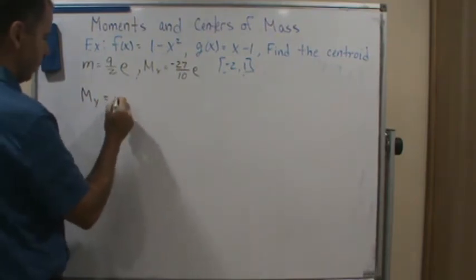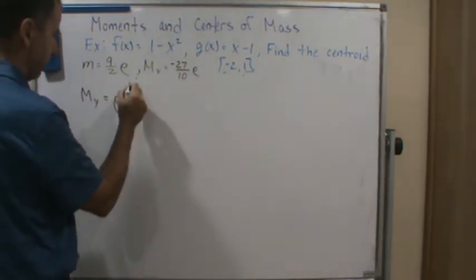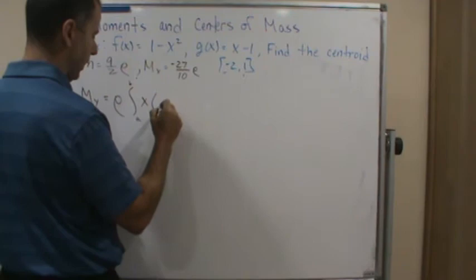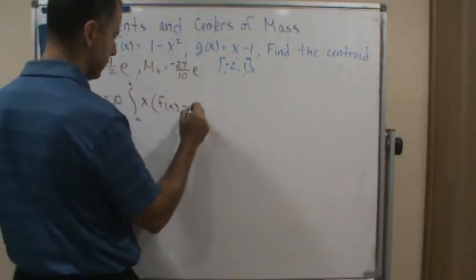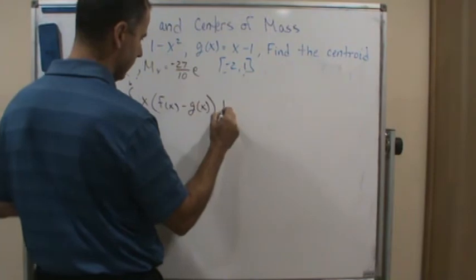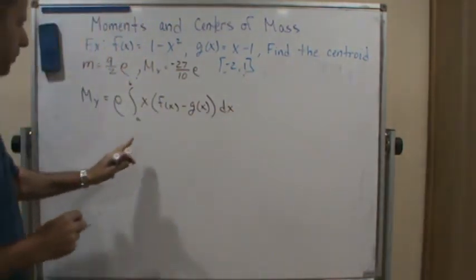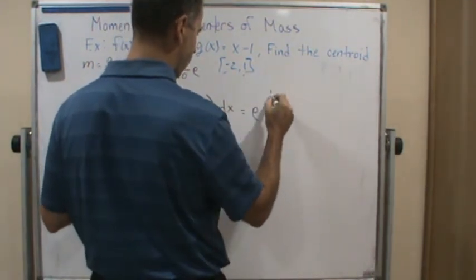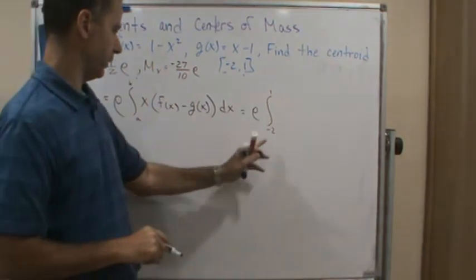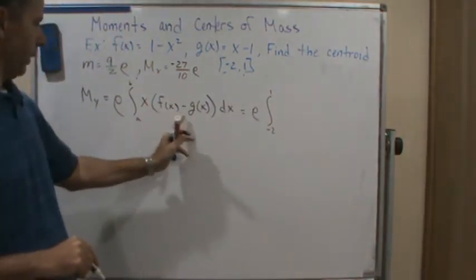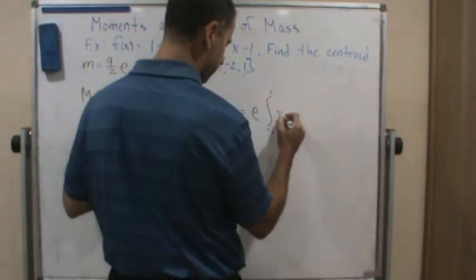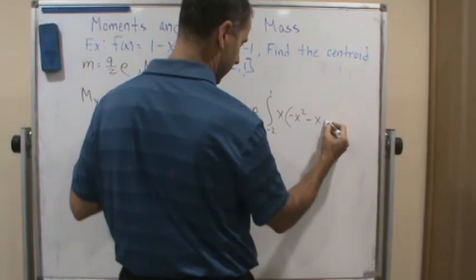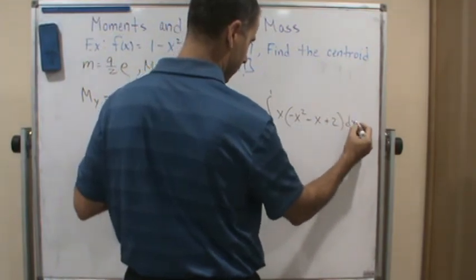and that's going to equal rho times the integral from a to b of x times f of x minus g of x dx. And so this just becomes rho times the integral from -2 to 1. Now this here, we already know, this is going to be x times -x squared minus x plus 2 dx.